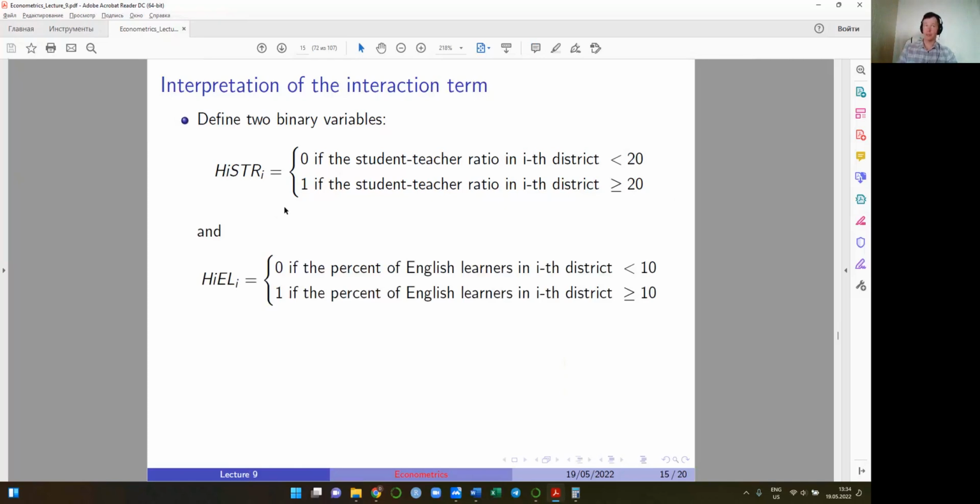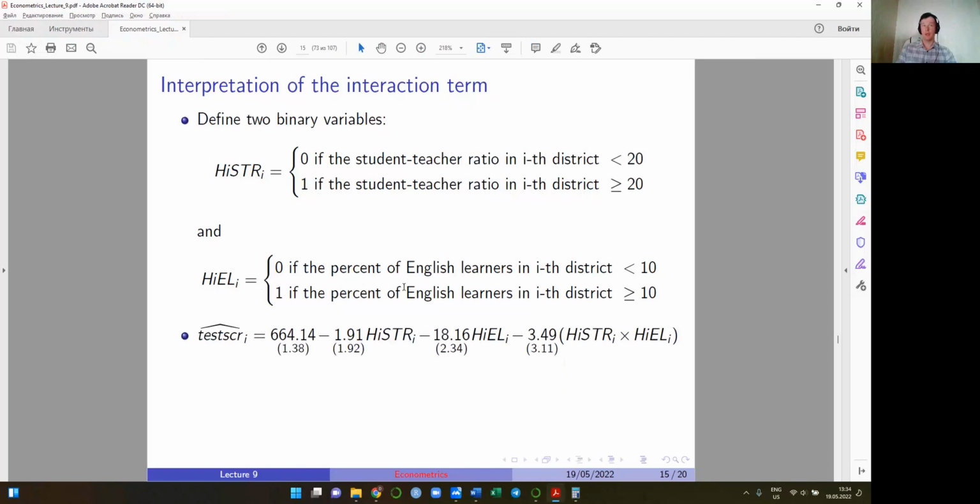And another binary variable, high EL, which is 0 if there is a low level of English learners, and 1 if there is a large level of English learners. Again, 1 if there are a lot of migrants and 0 otherwise. And now we estimate the following multiple regression model. We plug in one binary variable, the other binary variable, and their interaction term.